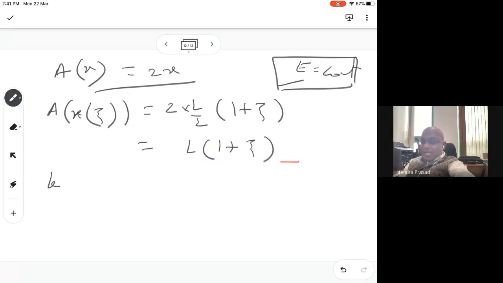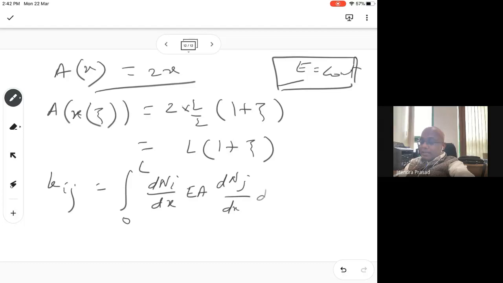So Kij will be the integral from 0 to L of dNi/dx, then EA, then dNj/dx, dx. This is what you have.